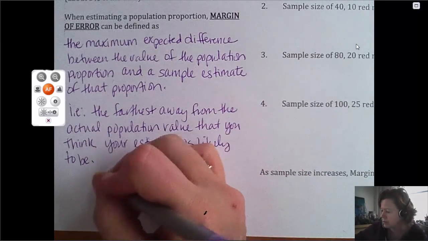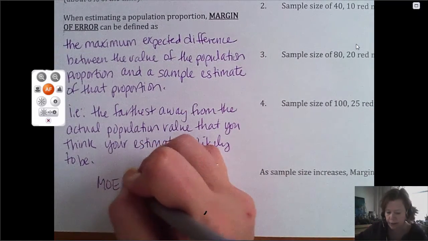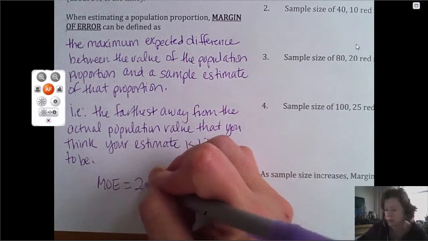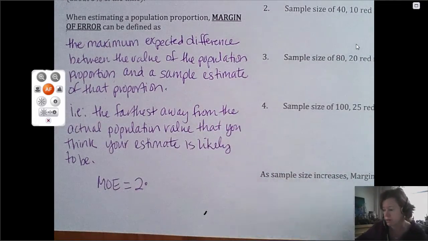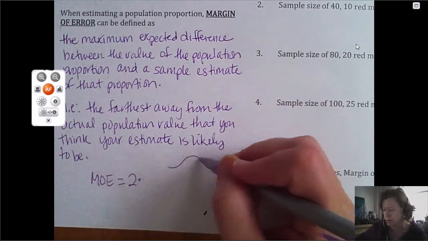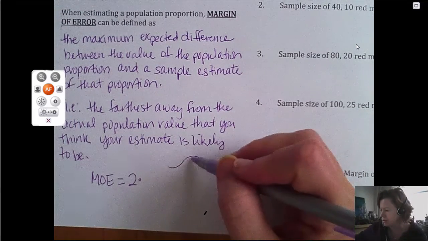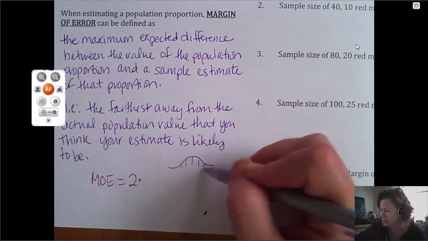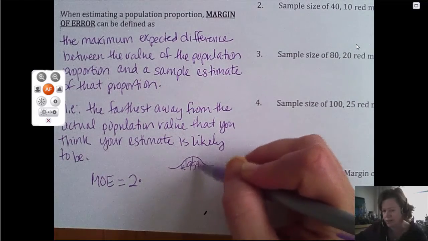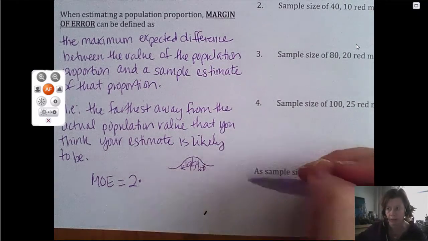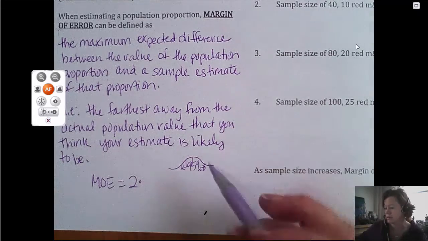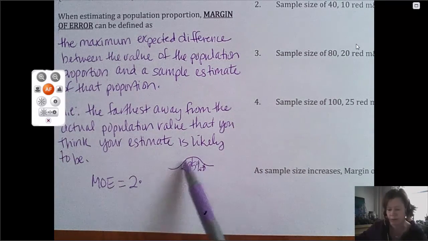The way we will find margin of error in this class is it'll be 2 times your standard deviation. That should make some sense because remember our normal model, when we go out 2 standard deviations from the mean, that's about 95% of our data. That's why we call it a 95% confidence interval. That's why we multiply by 2 to get both ends.